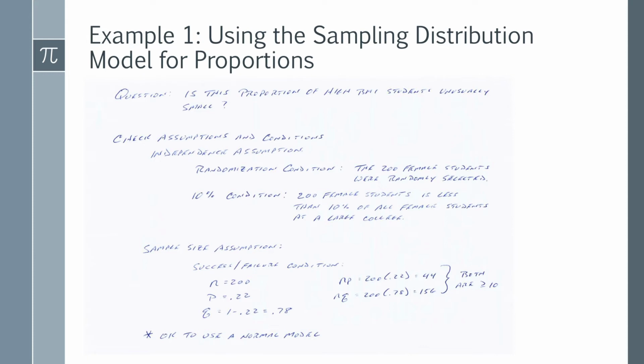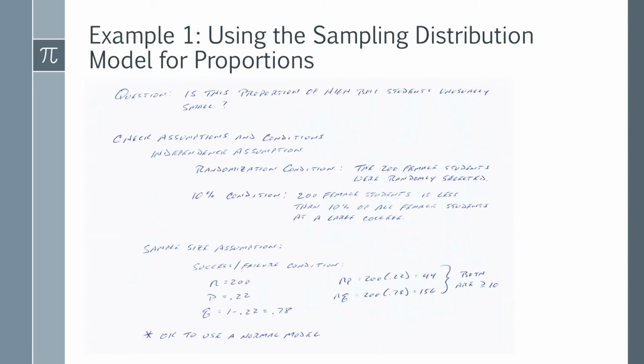Our sample size was 200, so n equals 200, and our population parameter p is 0.22. That's the 22% nationally that are above the 25 BMI point. Our q is 1 minus p, so 1 minus 0.22 gives us 0.78.